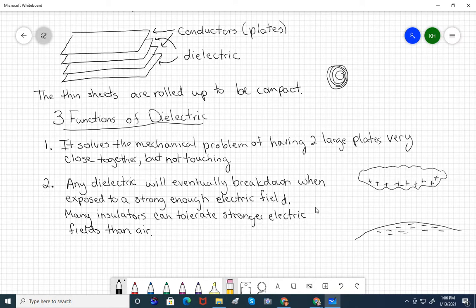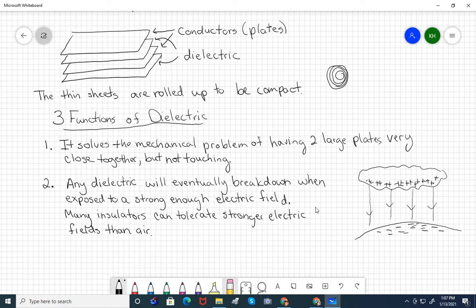So we've got a cloud, we've got the Earth. If I have positive charges on the cloud and negative charges on the Earth, this looks kind of like a capacitor. It has an electric field that points away from positive towards negative, so here's the electric field. Now, if the charge on the cloud is small, nothing's going to happen. But when this charge builds up really big, we're going to get a lightning strike.